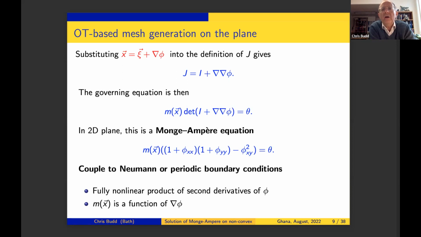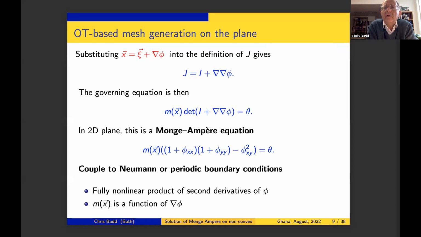If you're solving on the sphere, you don't need boundary conditions because the sphere has no boundary. Okay, so that is the Monge-Ampère equation. And there's lots and lots of literature on that. There's vast amounts of literature in geometry journals about this equation. And there's a certain amount of literature in numerical analysis papers about how one solves this numerically.